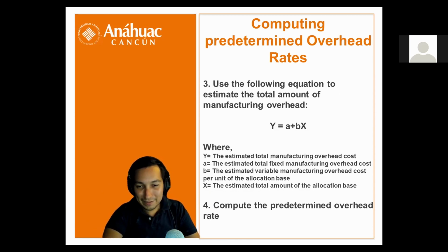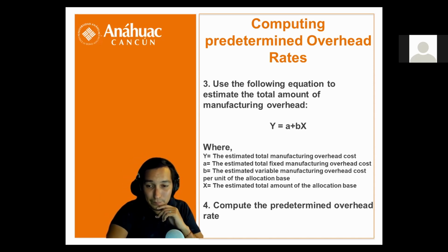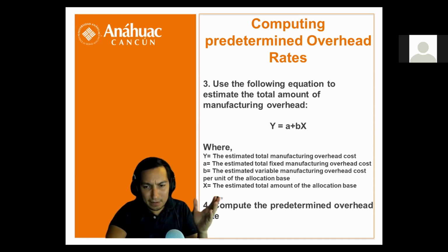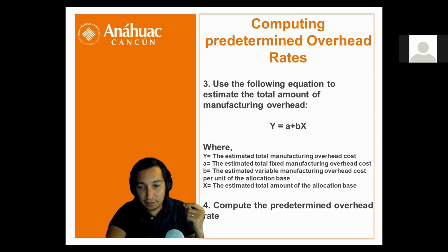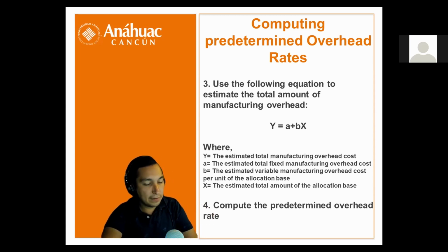Okay. What they are applying in the previous slide is that if our volume, our activity level, is fluctuating through the year, we don't want these fluctuations in our overhead rates. The rate is computed once at the beginning of the year, or if our company decides, at the beginning of the quarter, that's fine.